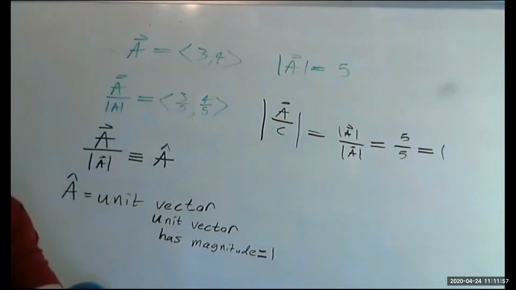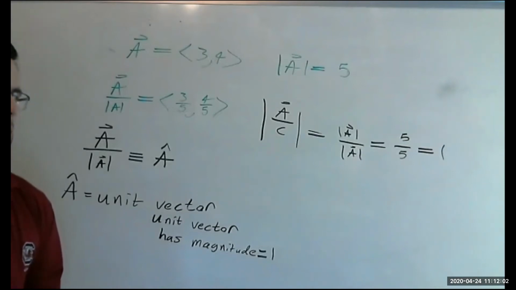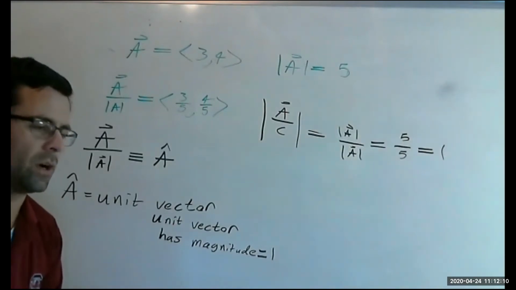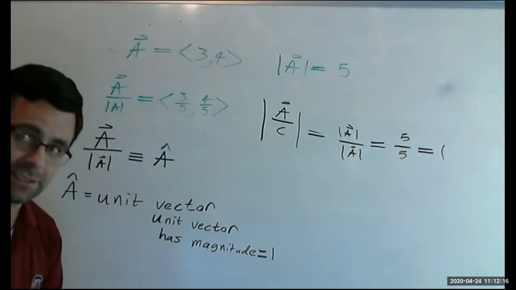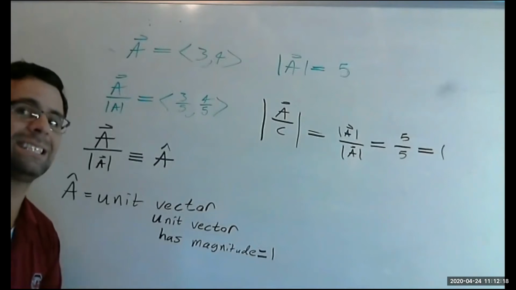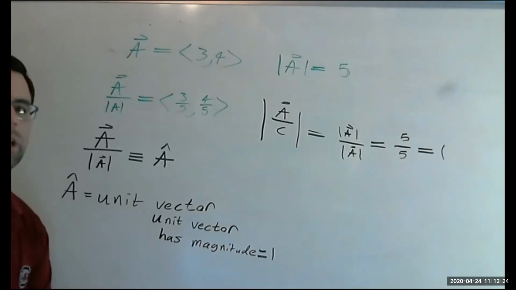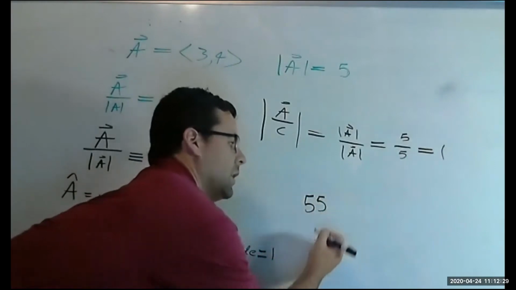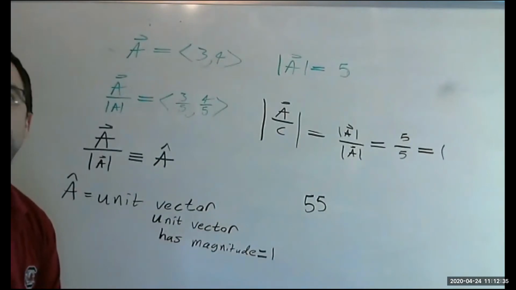And this is kind of how we describe units in general, actually. Like if you're talking about a speed, it is a distance per unit time. So let's say you're traveling 55. What is the unit? Miles per hour.